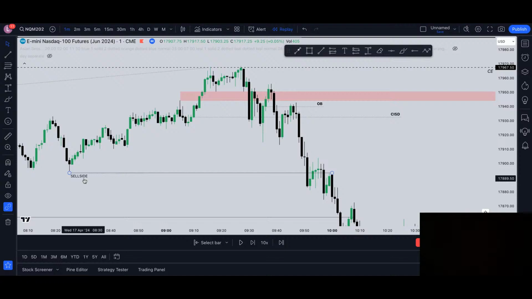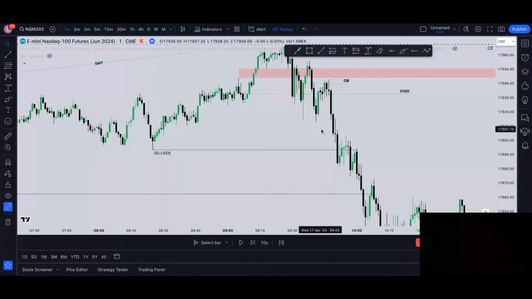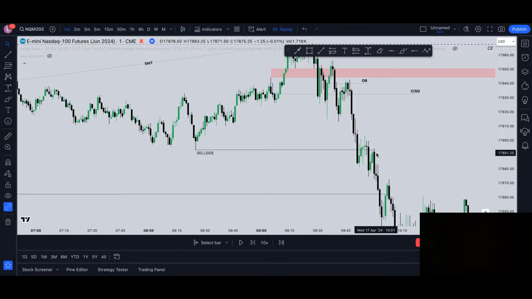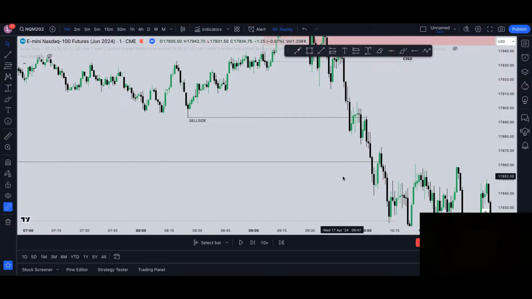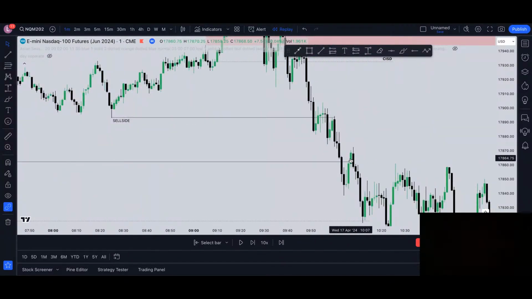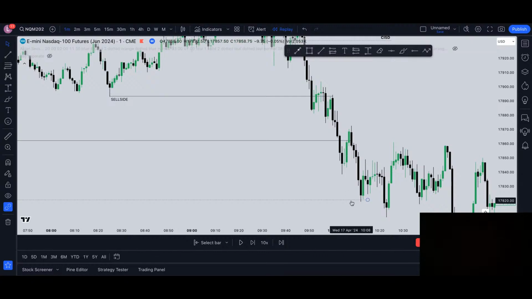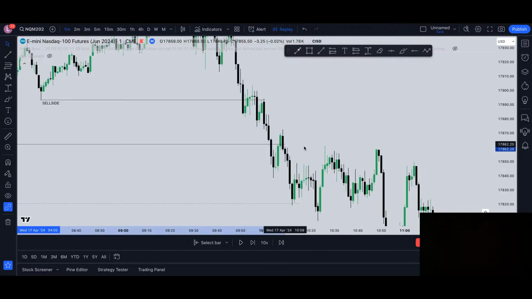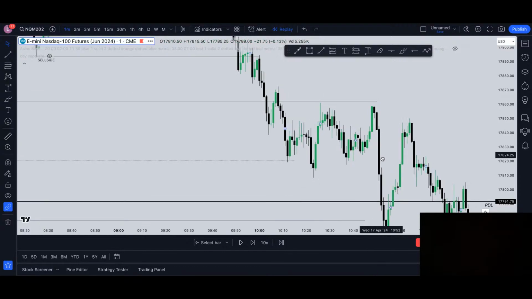See, even old lows and old highs also act as a PD array for price to respect, and we can clearly see price respected this old low and dropped. Old low, price came back, closed below, respected, and dropped. See, every time price went up, it dropped.